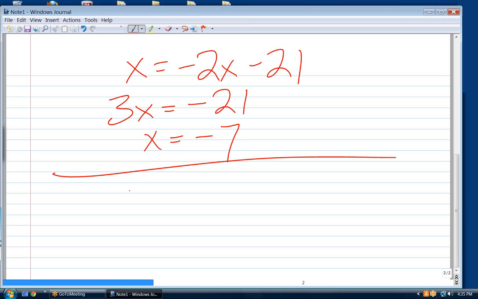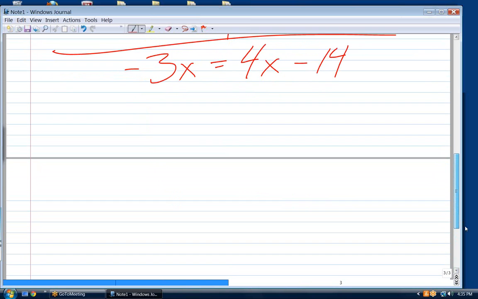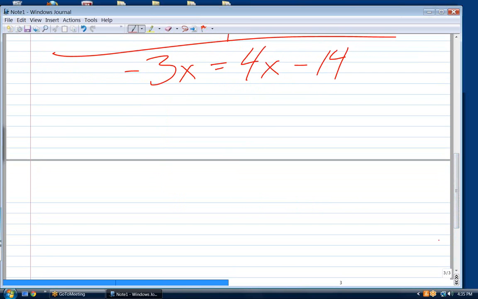So then the next one is negative 3x equals 4x minus 14. You add 4x. X equals negative 14. Hold on. You gotta subtract 4x.